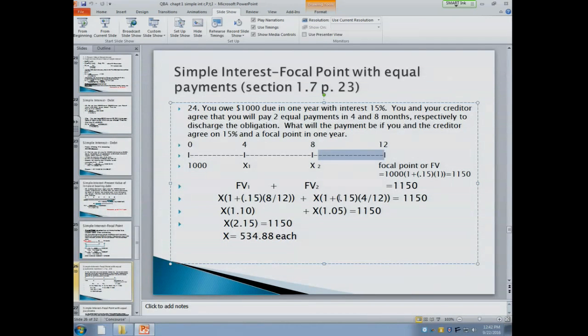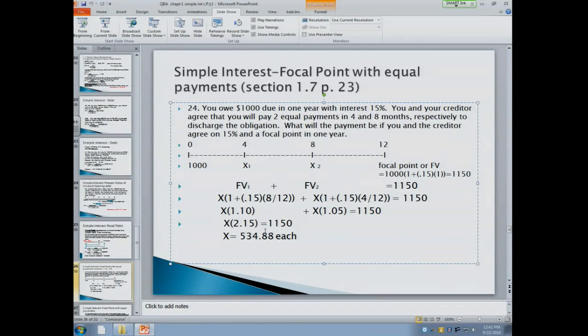These two future values must equal 1150. So we're valuing all three of these, the 1,000, X1, X2, we're valuing it all at 12 months. So we set this future value plus this future value equals 1150. And we get each payment will be $534.88.